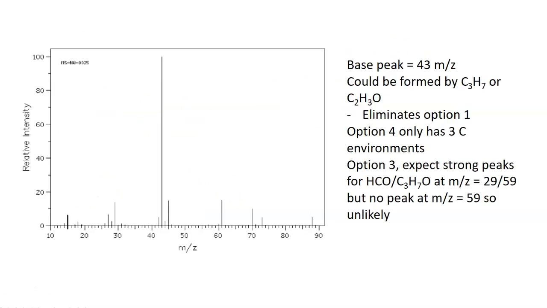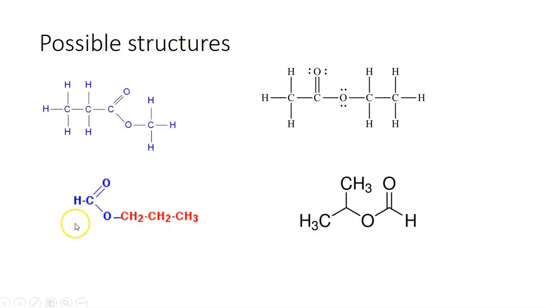So now it really comes down, this is where you really have to engage your brain. So if we go back to propyl methanoate, the most common place that esters will fragment is in the same place that they will hydrolyze, so between the carbonyl-carbon and the oxygen. And if it fragmented there, then the HCO fragment has a mass of 29, and the OCH2CH2CH3 fragment has a mass of 59.